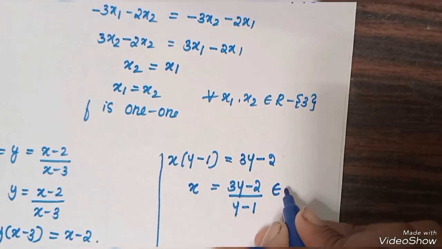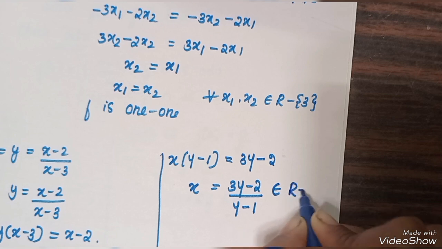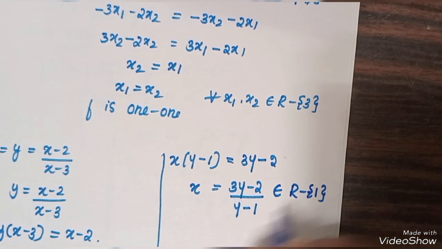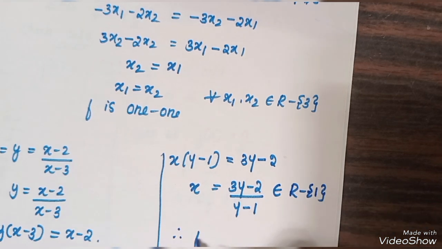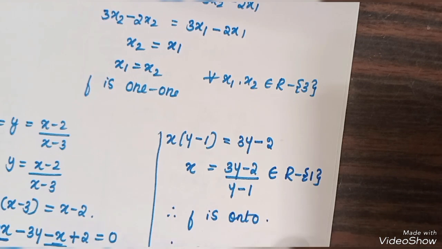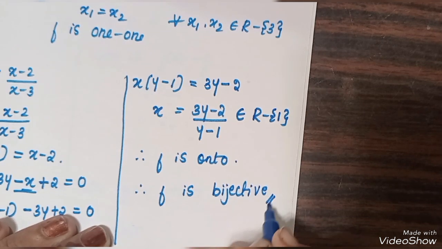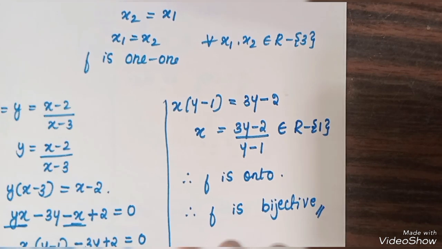Therefore, it belongs to R minus 1. Hence, f is onto. Therefore, f is a bijective function because f is one-one as well as onto. f is a bijective function. Okay.